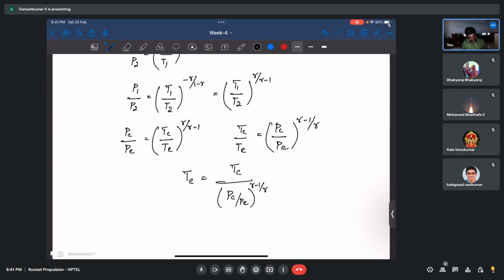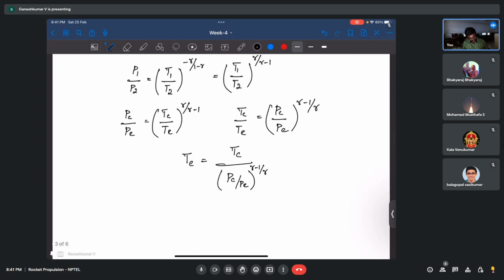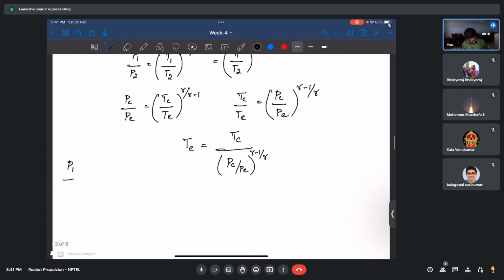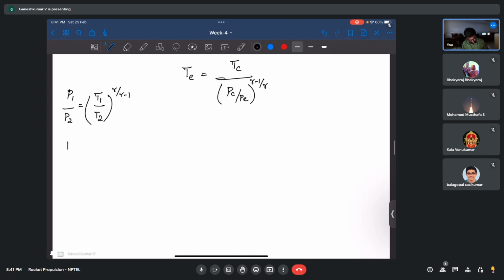This is fine, right? So let's just generalize it. T1 by T2, right? Basically we want to get the T2 state from the T1 state, so what we do is we just flip it. If I want T2 by T1, I write it in terms of P2 by P1.